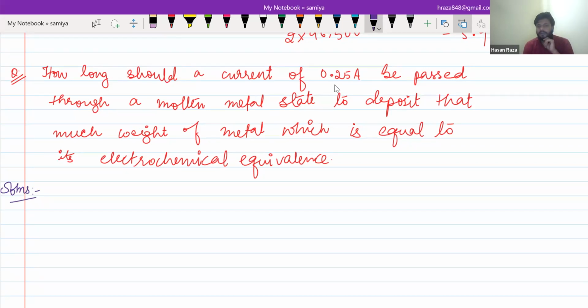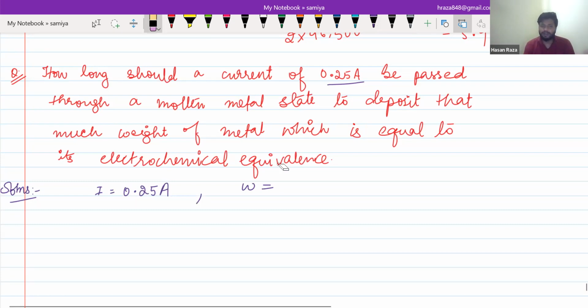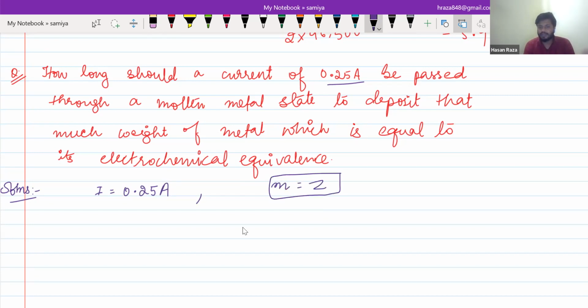Okay. See, how long should a current of 0.25 ampere? That means current is given as 0.25 ampere. It is so easy. We pass through a molten metal state to deposit that much weight of metal, which is equal to electrochemical equivalence. That means mass deposited is equal to electrochemical equivalence, and we have the formula M is equal to Z into Q, and these are equal.